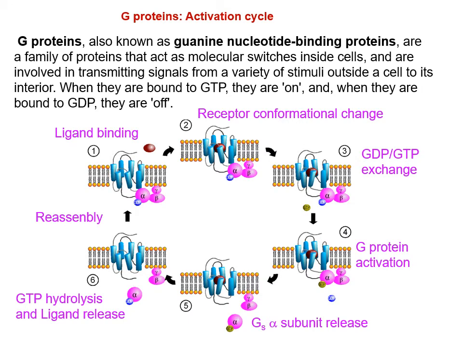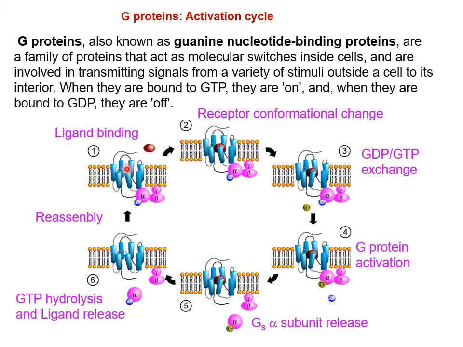The G proteins associated to metabotropic receptors are heteromeric protein complexes composed of 3 subunits: alpha, beta, and gamma. In this scheme, you can see how these G proteins are activated in response to a neurotransmitter.